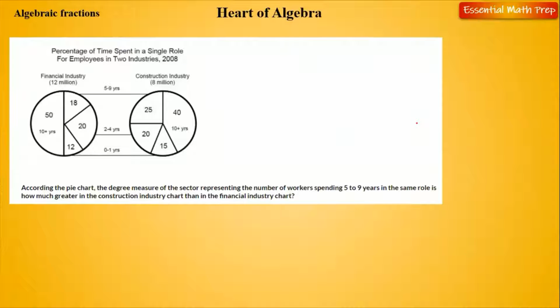This is a very interesting problem because there's just so much happening in the question, but when it comes down to actually solving the problem, it's very simple. And here's my approach towards solving it. The question states, according to the pie chart, the degree measure of the sector representing the number of workers spending 5 to 9 years in a similar role is how much greater in the construction industry over the financial industry?